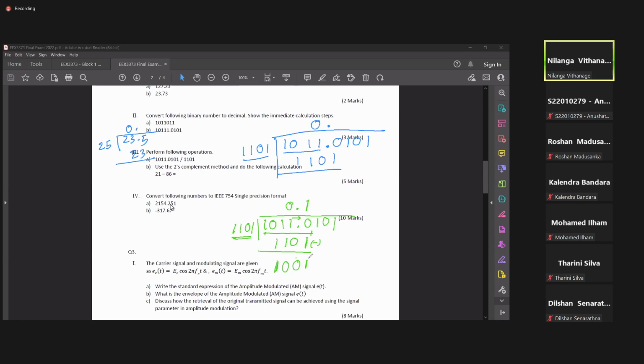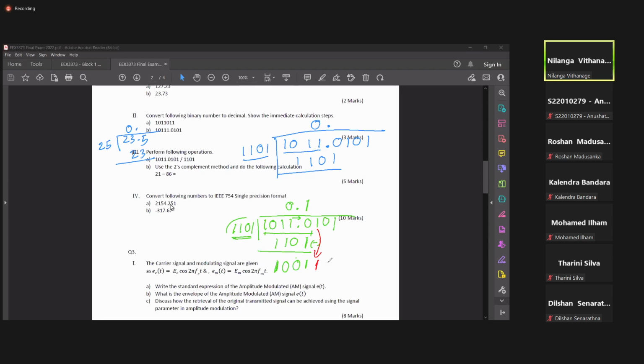So again, this cannot be divided by this one, so again 0. Oops, sorry. No, you can take this one. Here this is the remainder, and you have to take this value. I will draw it using a separate color. You have to take this one, right?